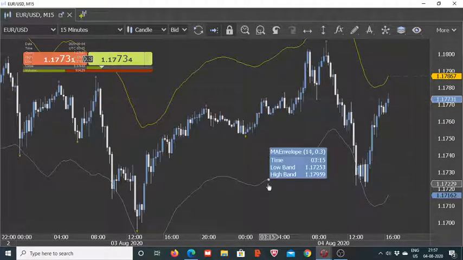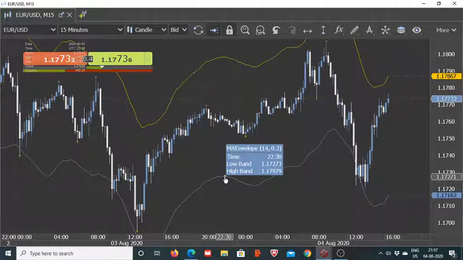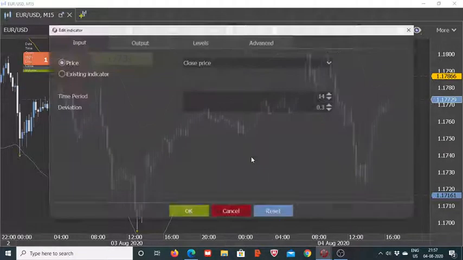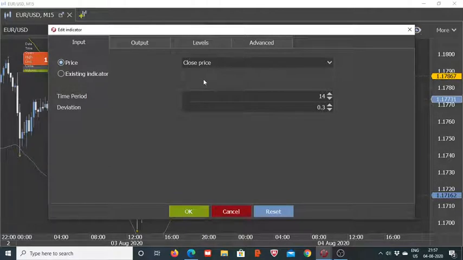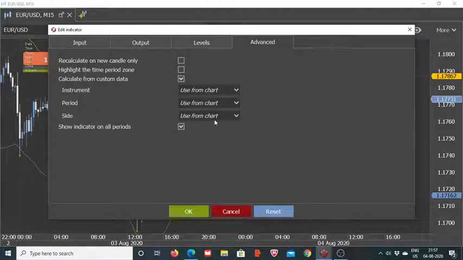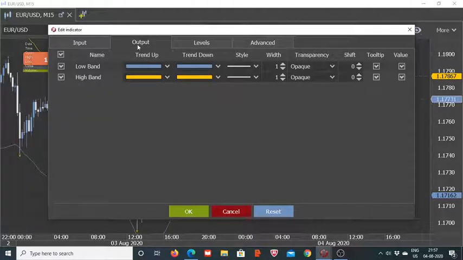Okay, so here we got this moving average envelope defined for 14 candle periods of 15 minutes each. Let me see if we are getting all the settings right. Yes, we are indeed getting all the settings right.